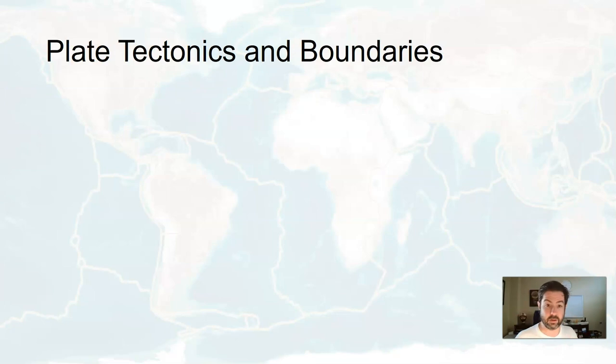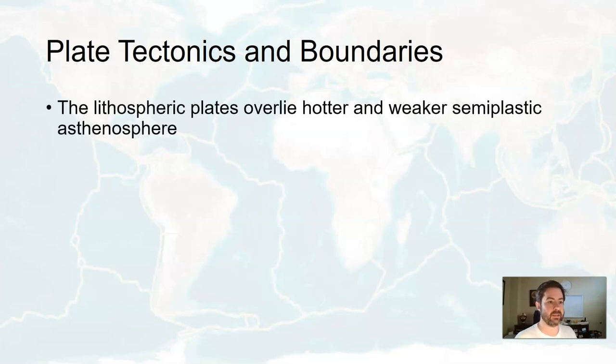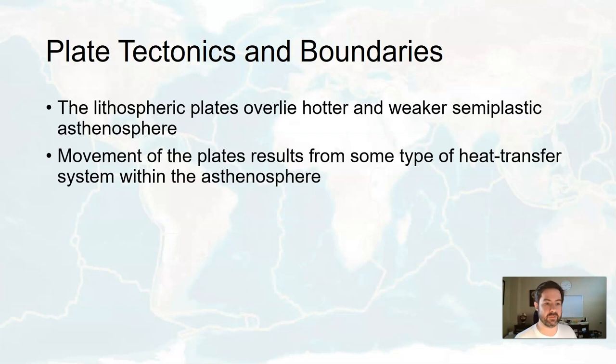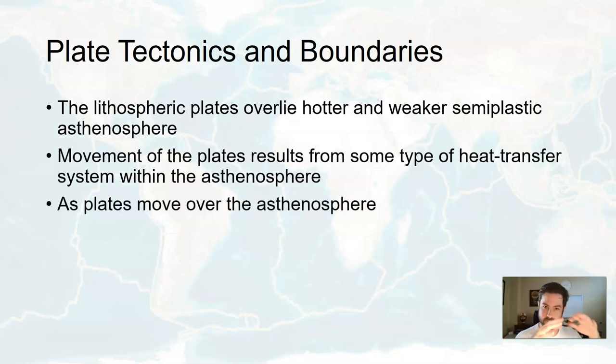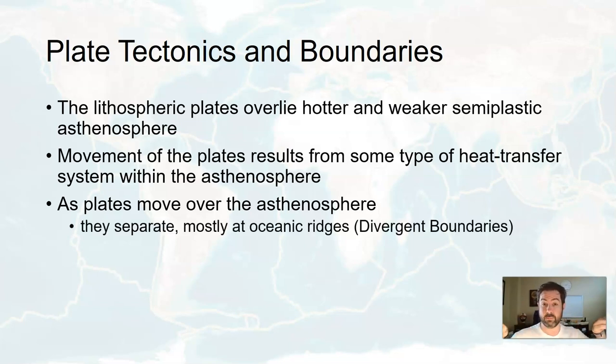So, connecting all that together, plate tectonic theory and boundaries. Remember, these plates interact. The lithospheric plates overlie the hotter and weaker semiplastic asthenosphere, that other part of the upper mantle. Movement of plates results from the heat transfer system within the asthenosphere, the mantle convection. As plates move over the semiplastic asthenosphere, sometimes they separate and move away from each other, mostly at oceanic ridges.